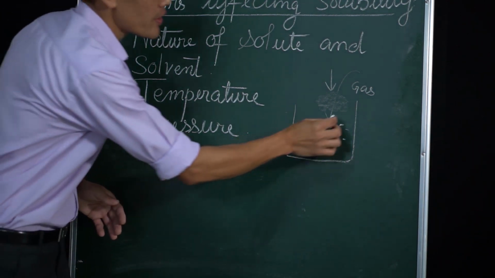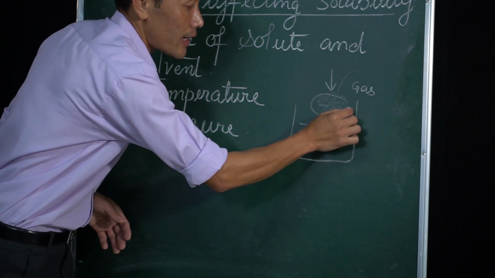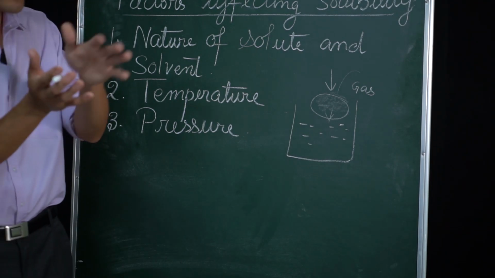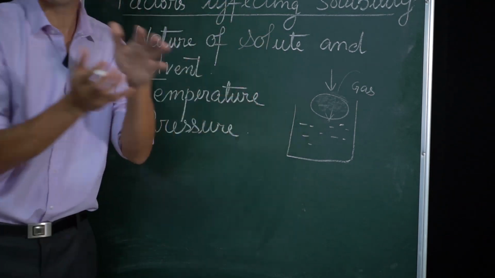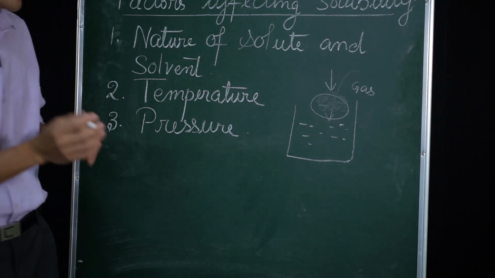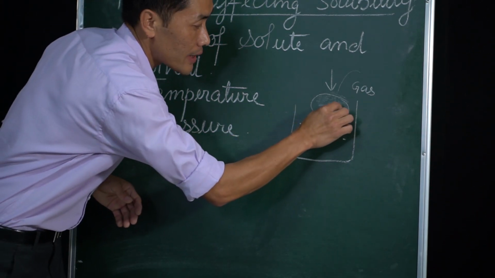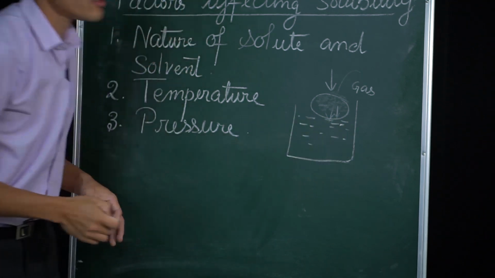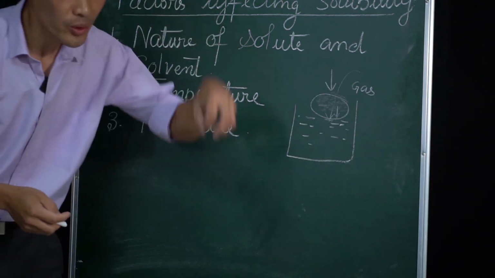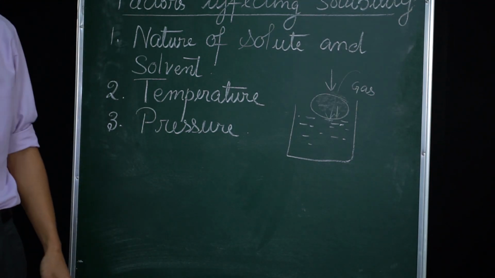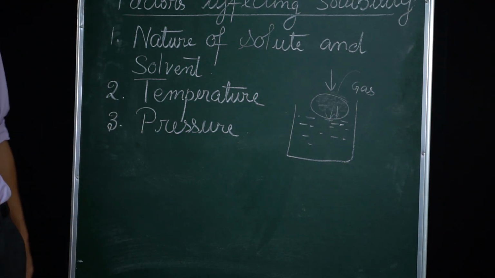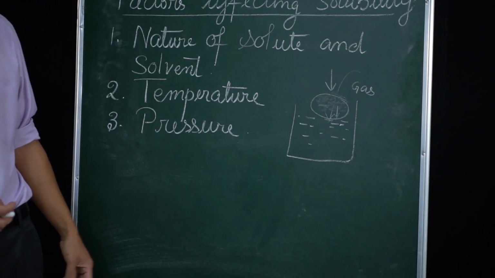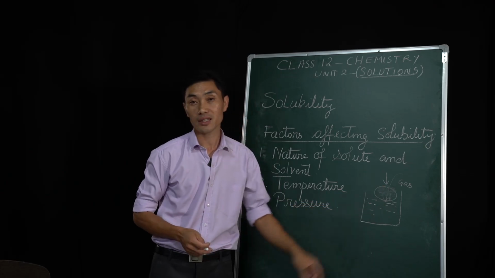So the number of molecules of the gas per unit volume increases. Not only that, the number of gas molecules that strike the surface of the liquid, and the number of molecules trying to go into the solution also increases. And due to this, increase in pressure will increase the solubility of the gas in the liquid.